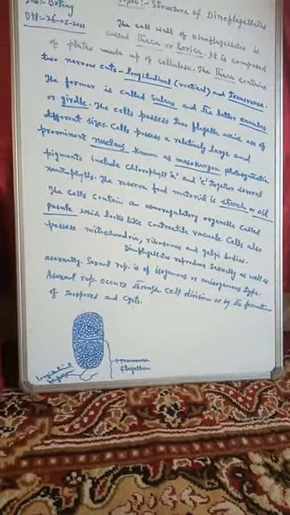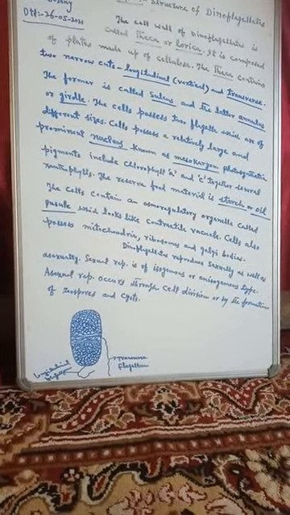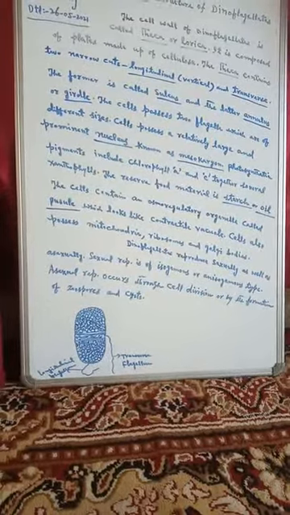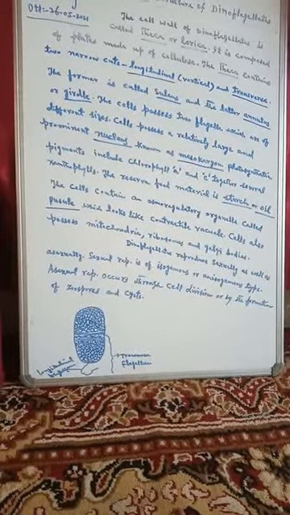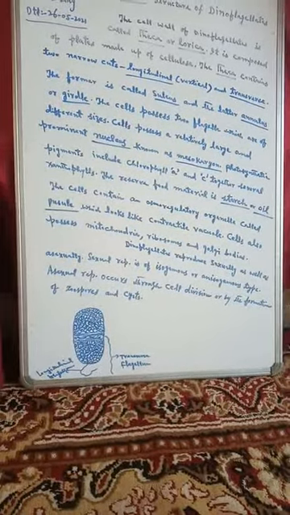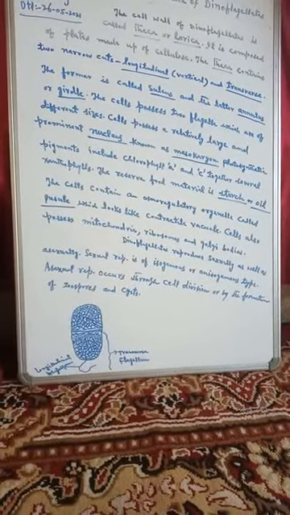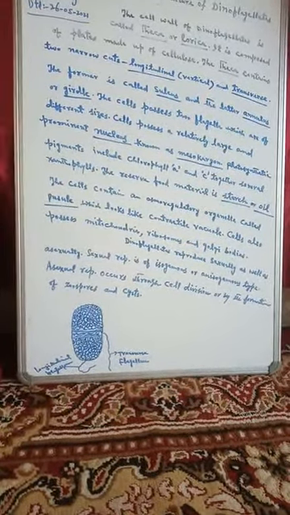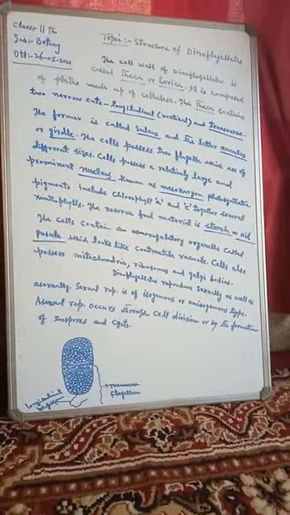Regarding the asexual mode of reproduction, it takes place through cell division or by the formation of zoospores and cysts. So this was the structure of dinoflagellates.